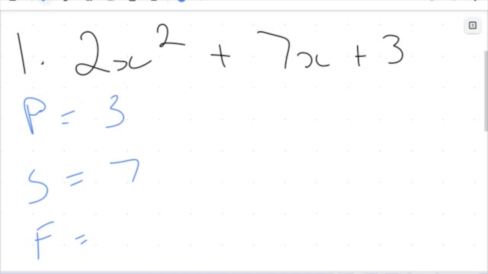Well, you may already be looking at this and going, well, this is actually impossible because I can't think of any numbers that multiply to give me 3 and add to give me 7. In fact, the only numbers that do multiply to give me 3 are 1 and 3, and they clearly add up to 4.